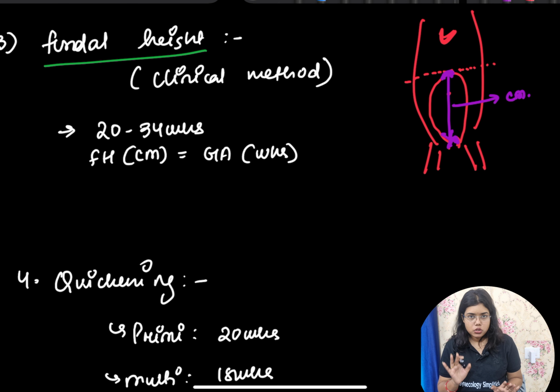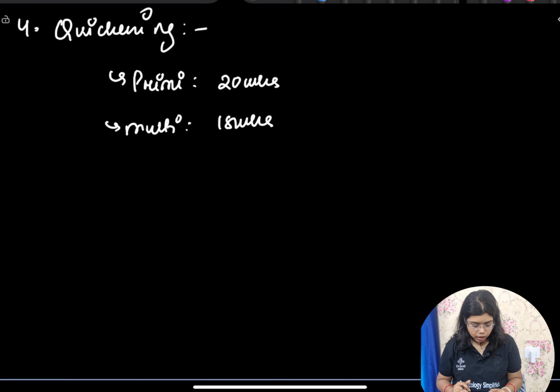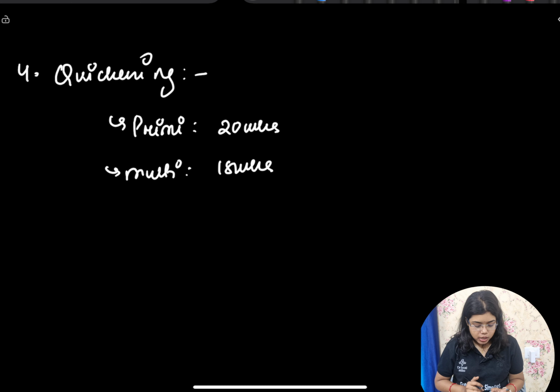Just remember the term IUGR and the terms I am telling you. Through the course of time we will learn in detail about all these terms, all the IUGR babies and all the management, but just remember here whatever I am telling. Okay, then the next one is quickening.